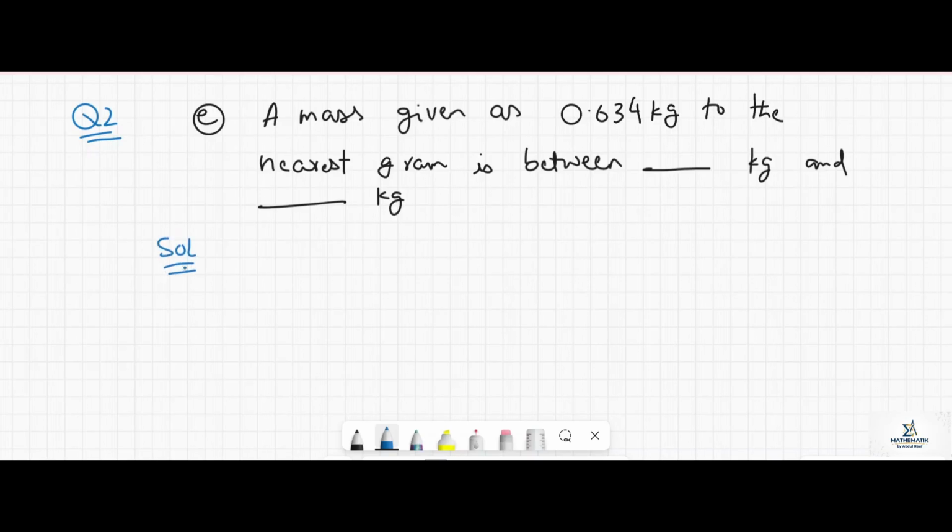So a mass given is 0.634 kg to the nearest gram is between dash kg and dash kg.